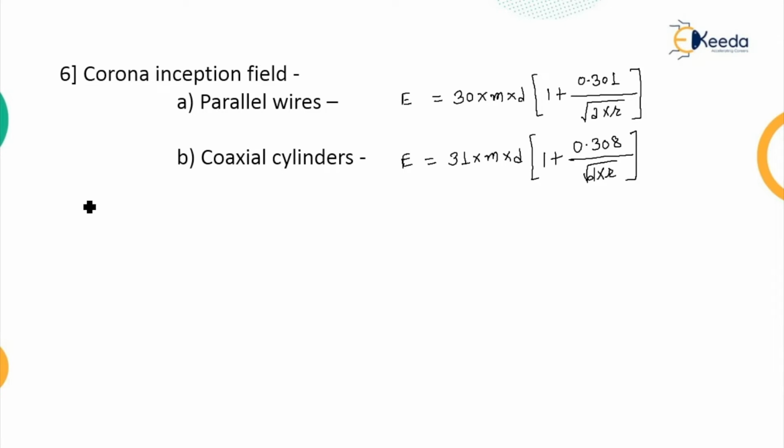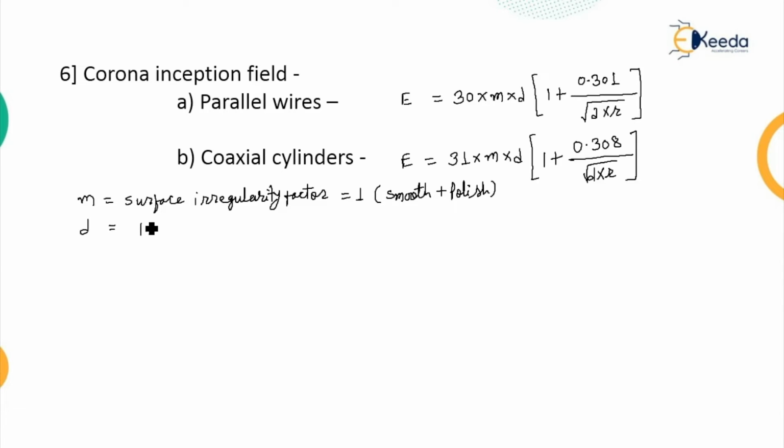Here m stands for the surface irregularity factor. In fact, that m becomes 1 if the surface is smooth and polished. Then d is the relative air density. It is just like a current density, flux density. So air density, the amount of air which is present, is a correction factor.